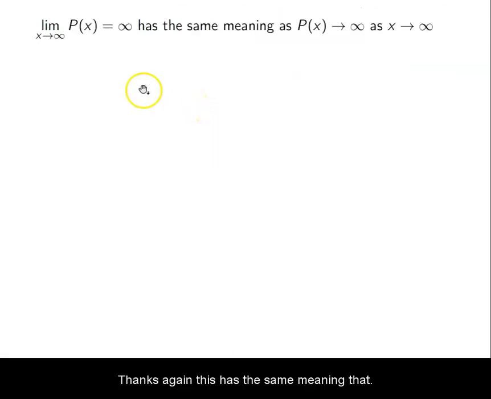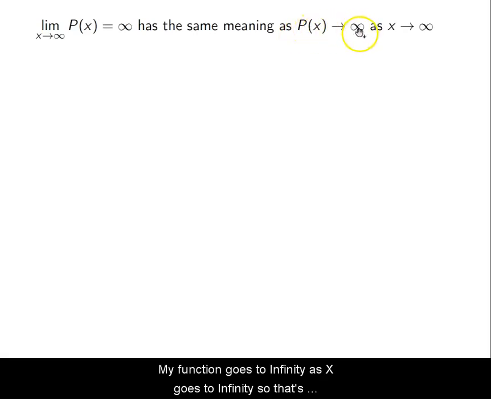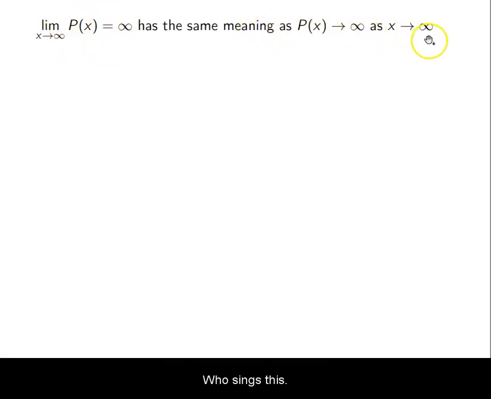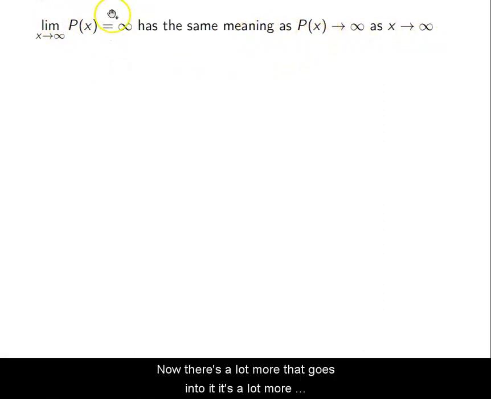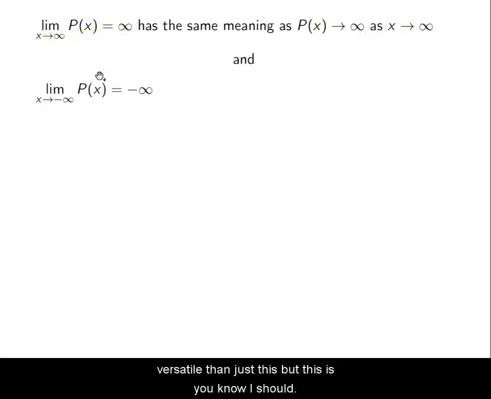Again, this has the same meaning that my function goes to infinity as x goes to infinity. So that's how we read and understand this notation. It's a shorter form of saying this. Now there's a lot more that goes into it. It's a lot more versatile than just this, but this is our introduction to it, right?